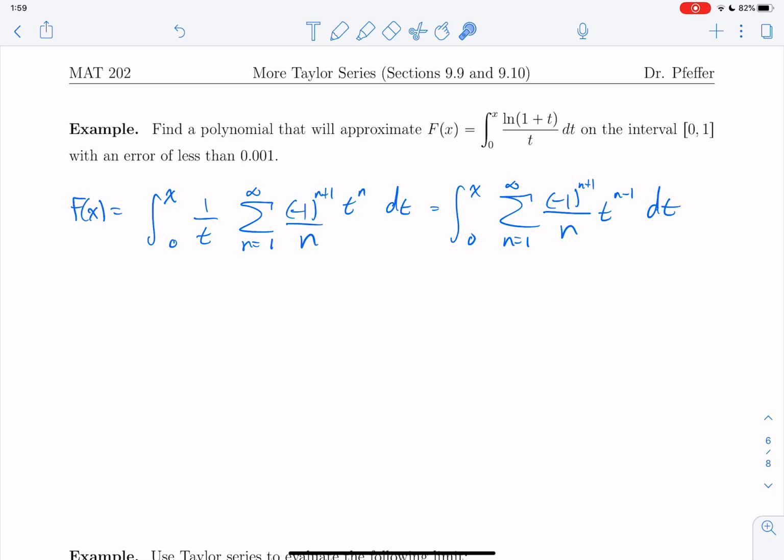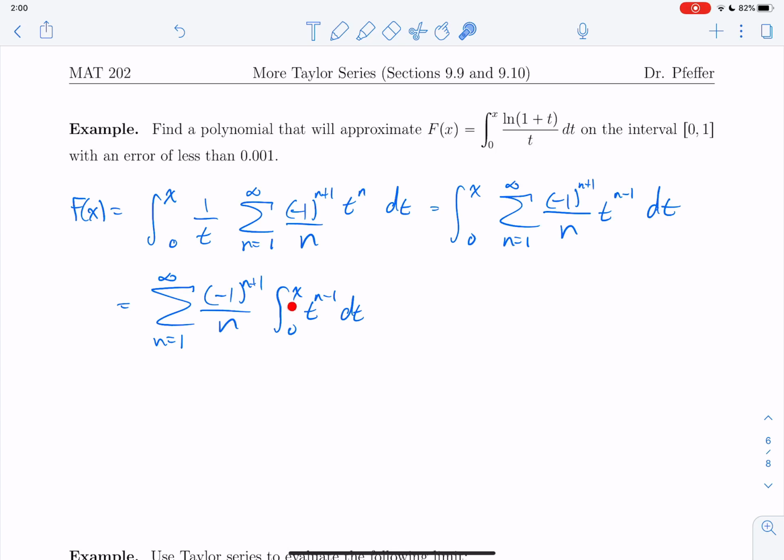Now I can swap the order of integration here, and this is going to become the sum from n equals 1 to infinity of -1 to the n plus 1 over n, because those don't have any t's in them, times the integral from 0 to x of t to the n minus 1 dt. We witness here that the integral of this will turn into simply t to the n over n, which will give ourselves an n squared in the bottom.